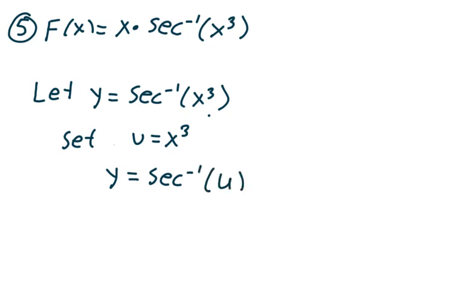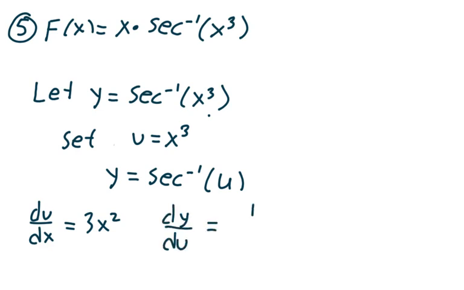Okay. Now, du/dx is 3x squared. dy/du is 1 over u times the square root of u squared minus 1. Okay. And dy/dx is dy/du times du/dx.